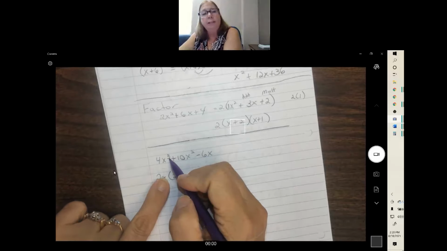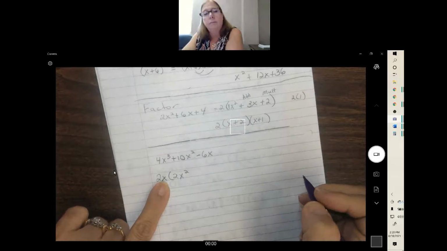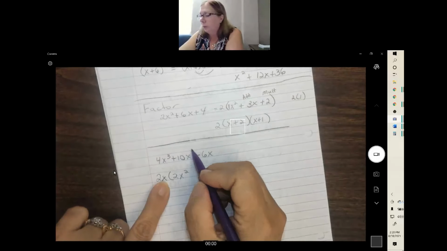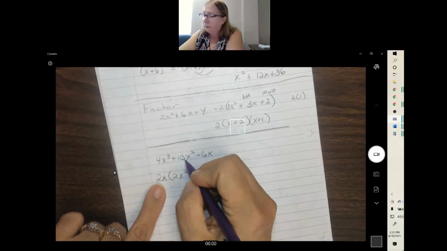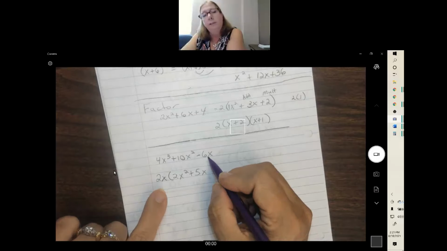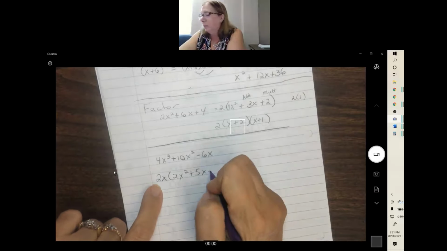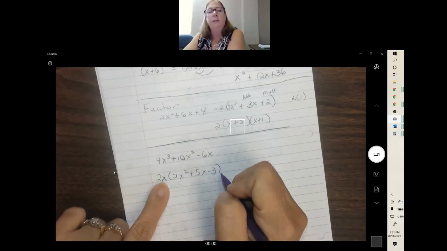We're pulling 1x out, so it leaves 2 of them. We have 10x squared. 10 divided by 2 is 5. We're pulling out 1 of the x's, so it leaves 1. And then negative 6 divided by 2 is a negative 3, and we pulled that x out, so it's just a negative 3.